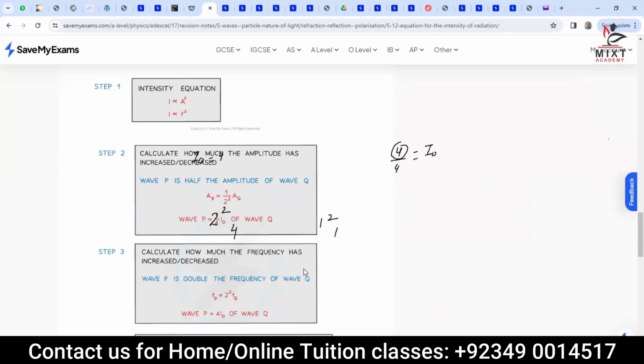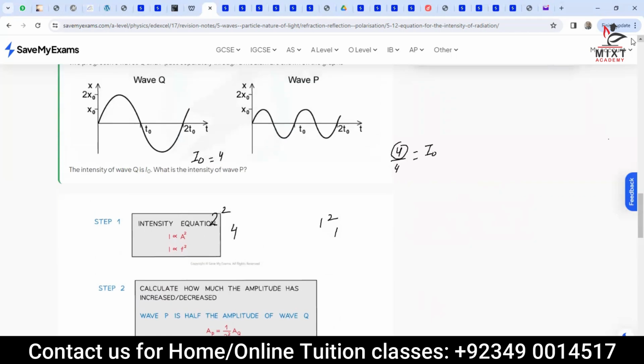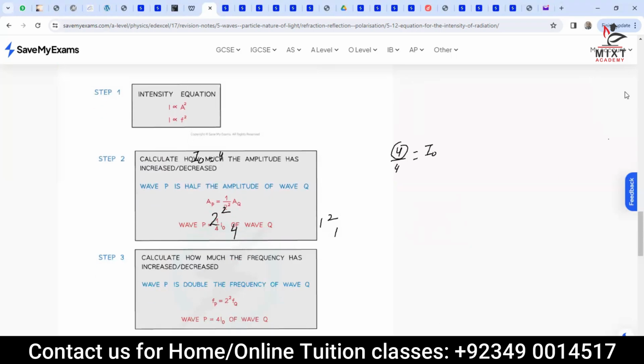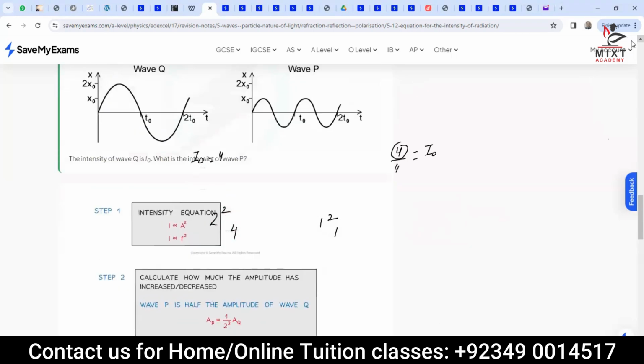The same thing happens because frequency is also there. Now frequency increased or decreased, it means that frequency will be 2 square times of Q. Here the frequency will be doubled as well because it's greater. So this is P, its frequency will be square of 2.